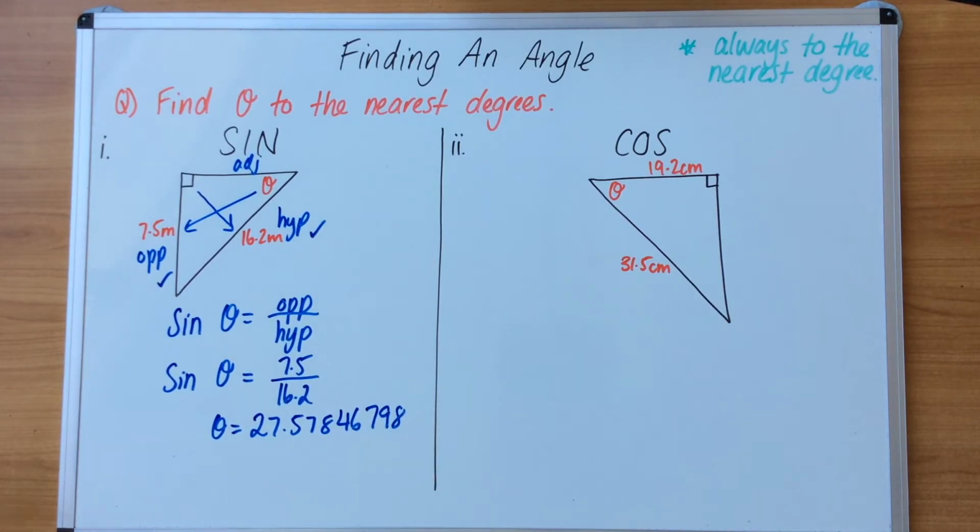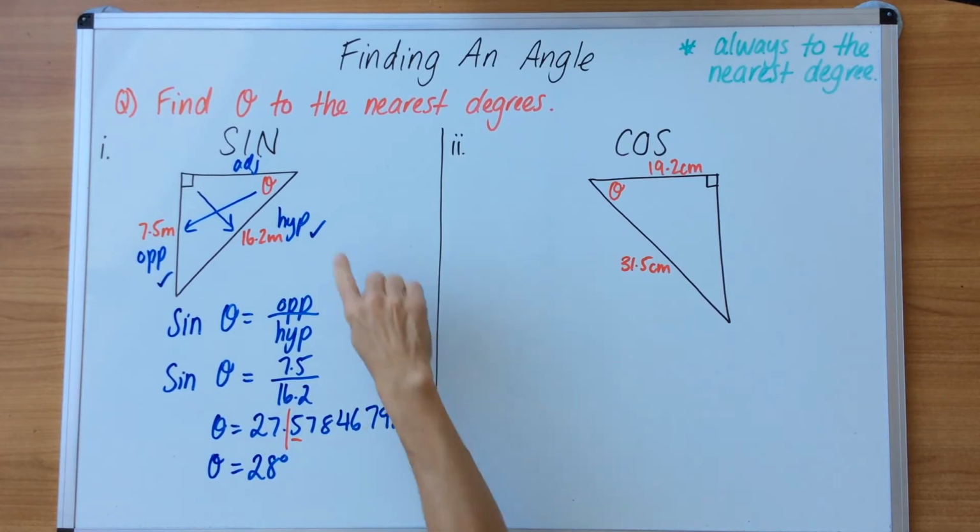And of course we have to round to the nearest whole number when working with degrees. So we put a line in front of the first decimal and underline that, and that becomes our looking number. That number is sitting between 5 and 9, which means that I have to round up here. So that now becomes 28 degrees. So now I've solved that: it is 28 degrees.